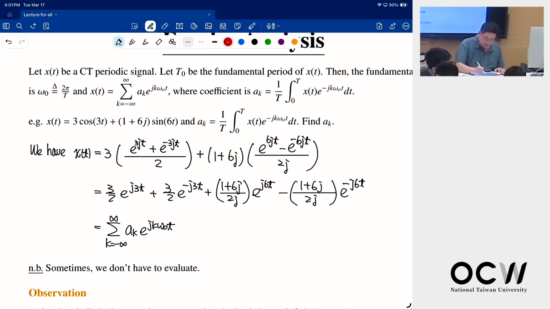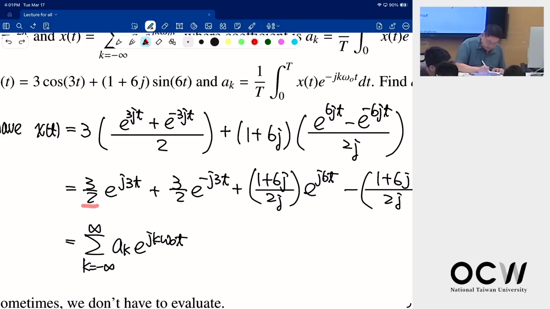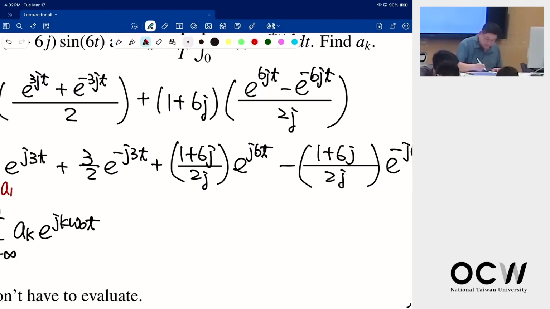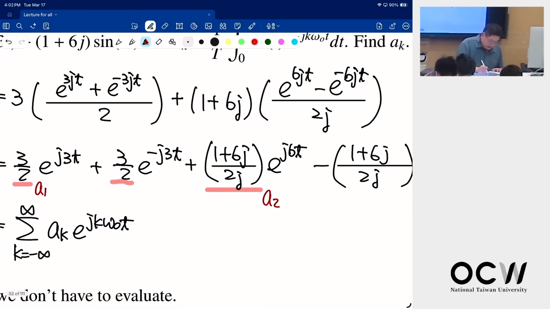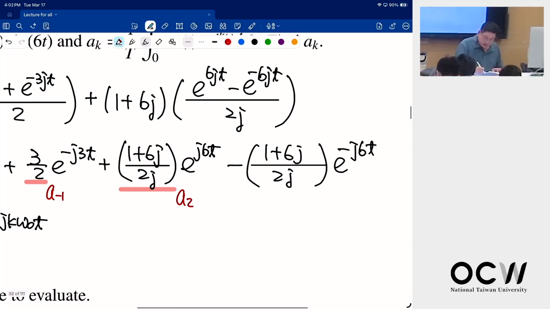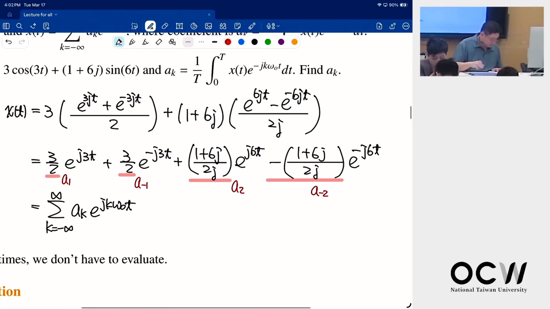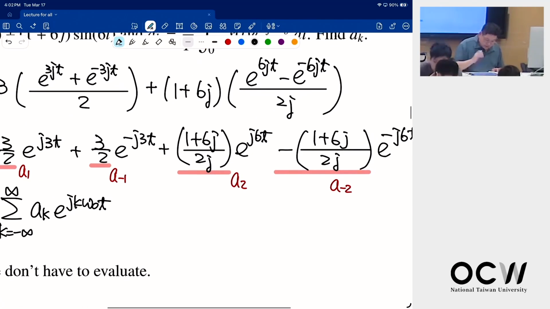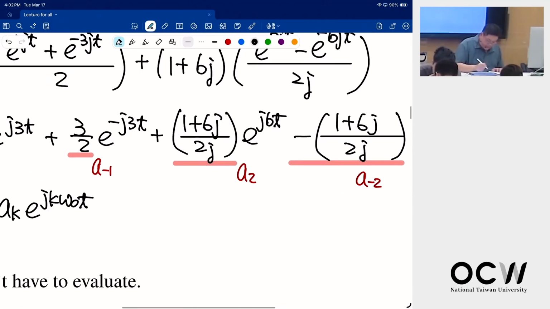So this is a1. And how about a2? Here, this is a2. This is a minus 1. And then here, overall, this is a minus 2. There's no a naught, that means that a naught is 0.